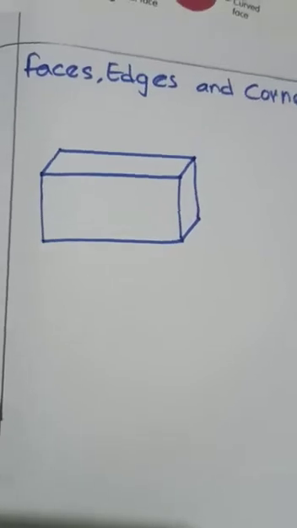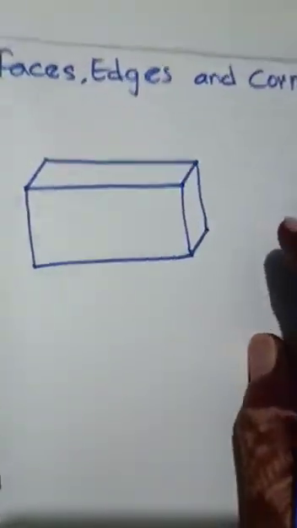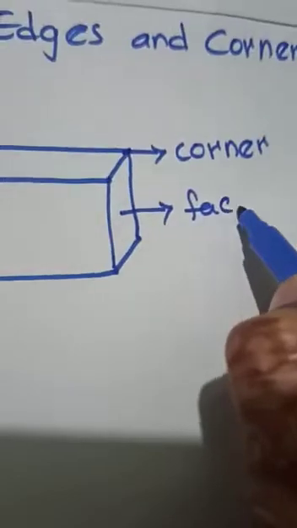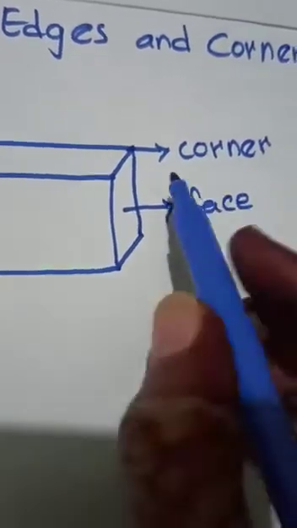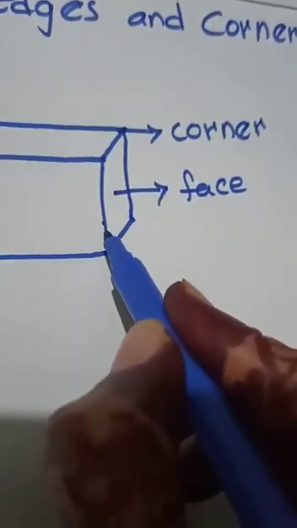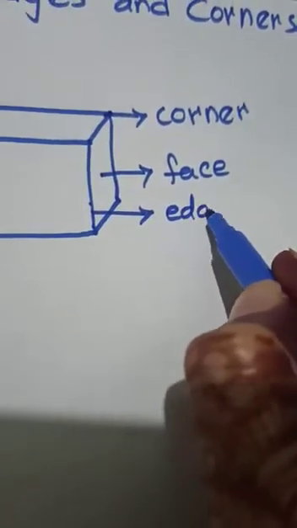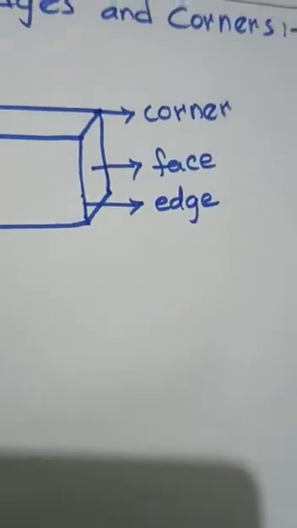Children, now we are learning faces, edges and corners. See here, this is a corner. C-O-R-N-E-R, corner. Okay, and this is face, F-A-C-E, face, and this is called edge, E-D-G-E, edge.